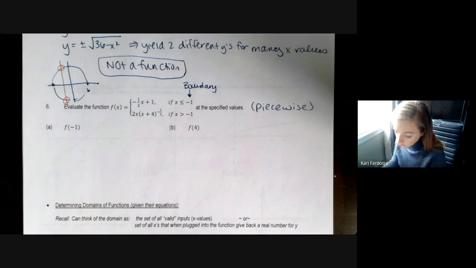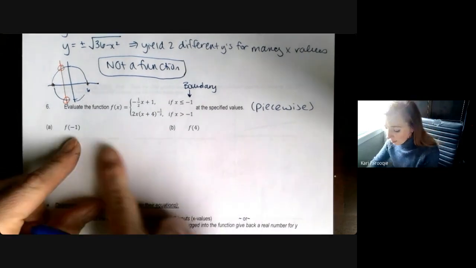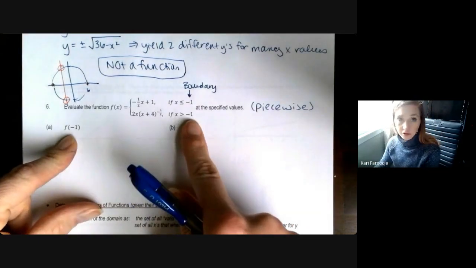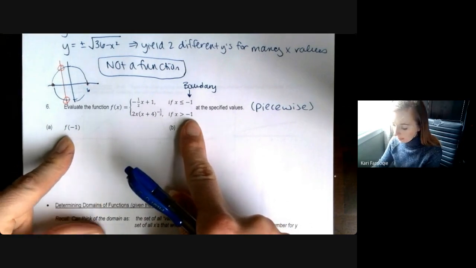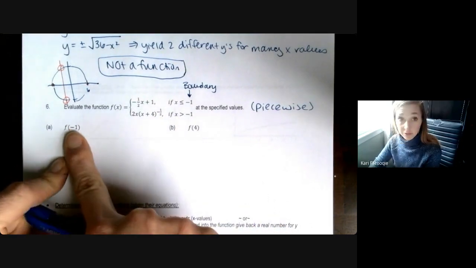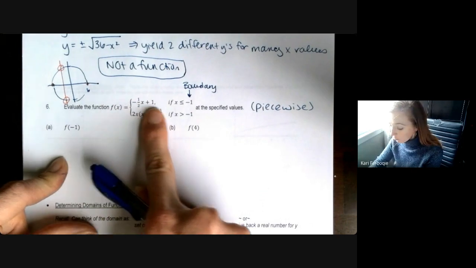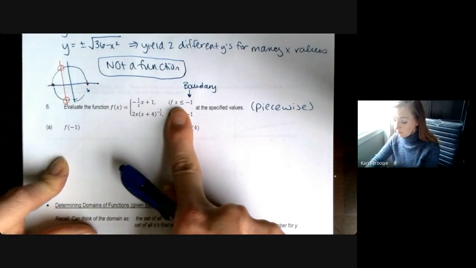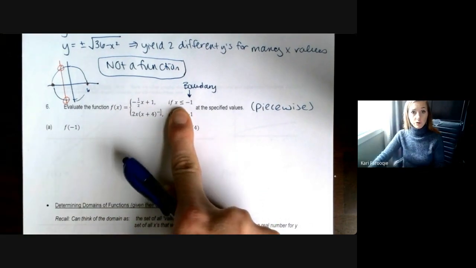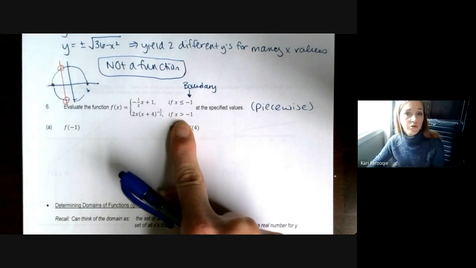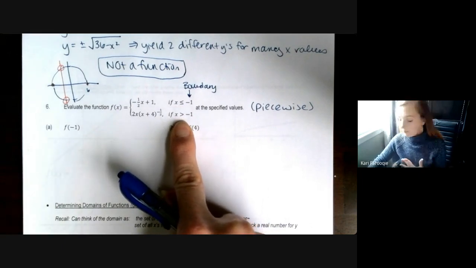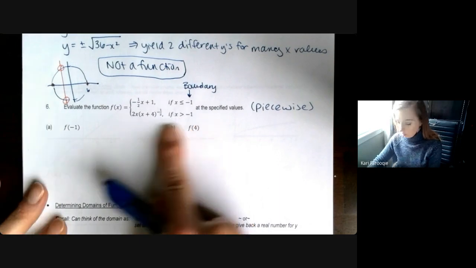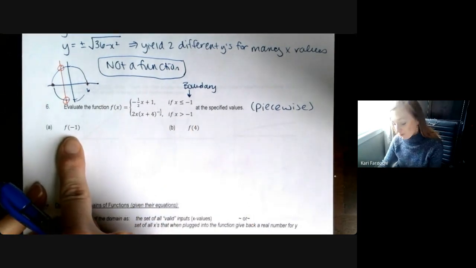When you're looking for f of -1, you're trying to determine what is the y value when x equals -1. That's sitting here on your boundary, so you need to figure out which definition it goes with. If I'm talking about a value that can be equal to -1, then I have to use the first definition. The first definition has less than or equal to. For the second definition, we have to be strictly greater than -1, which we don't want to use here because we want to be equal to -1.